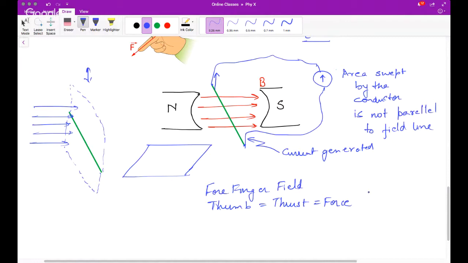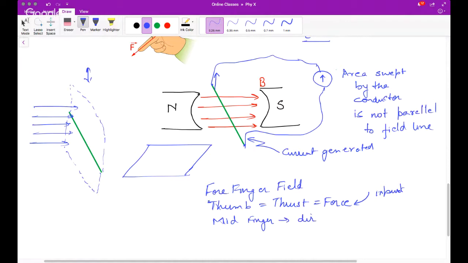Now in this case, force is the input, and my friend, the middle finger will give you the direction of the current. Right?